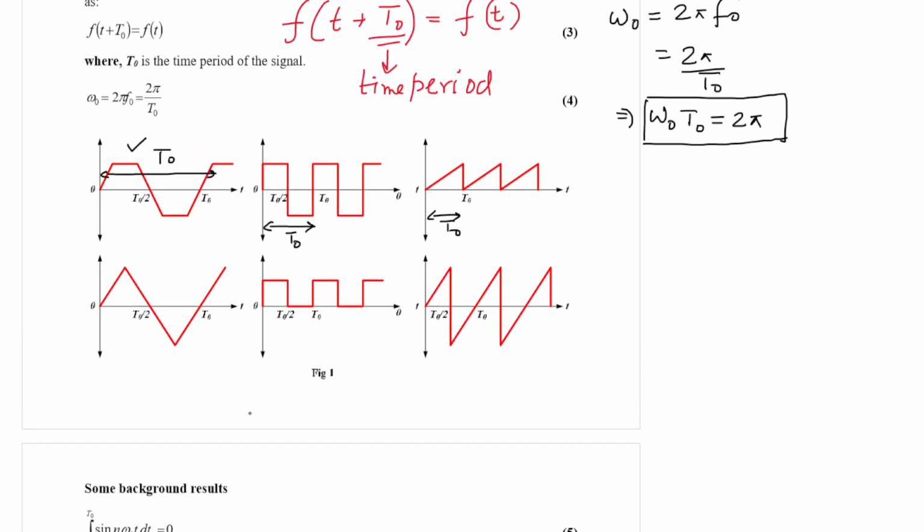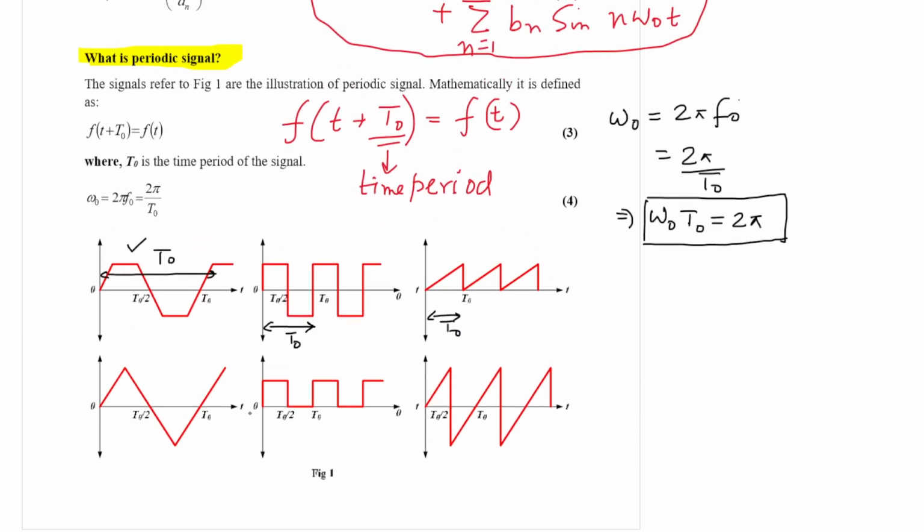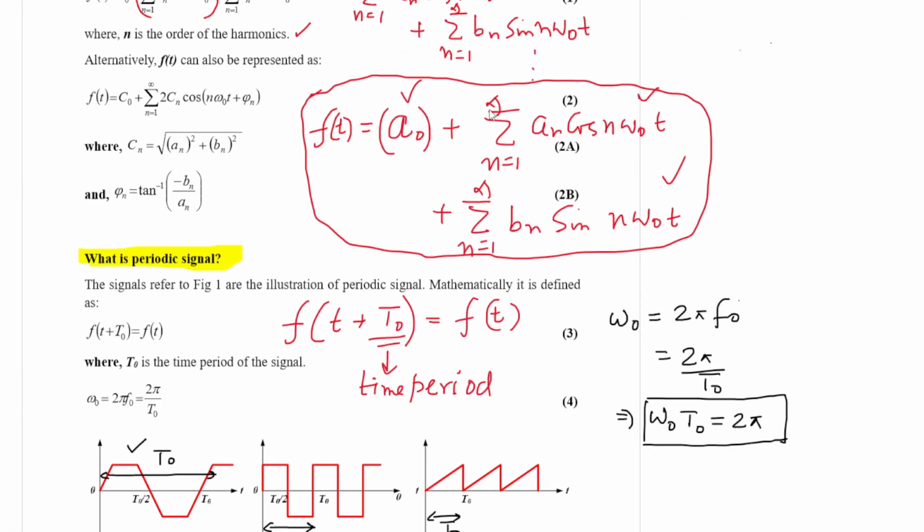Now this is a periodic signal. If you consider each one of these signals, then each one can be split into these 3 forms: a0, an, and bn.